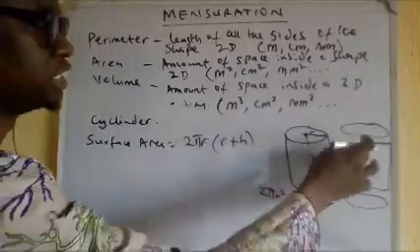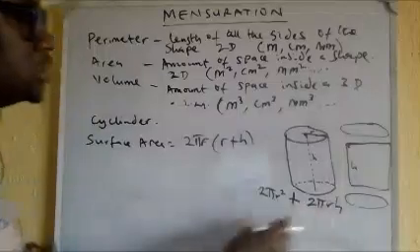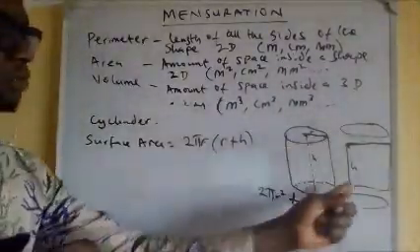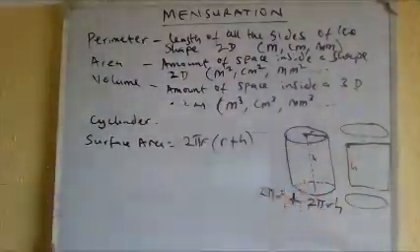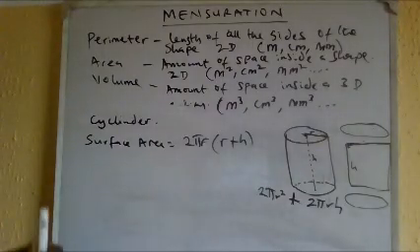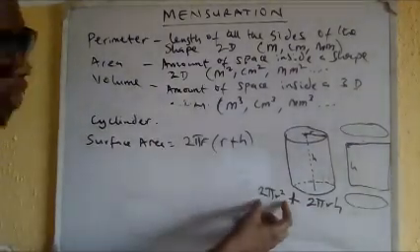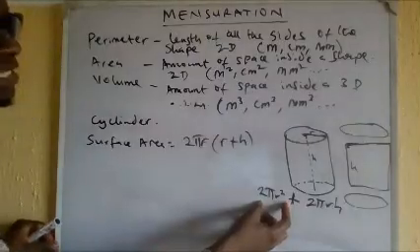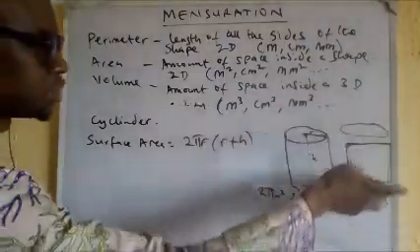So this is actually dissected. It's the surfaces that you are calculating the area for. We have gotten one component: the area of the two circles, up and down.